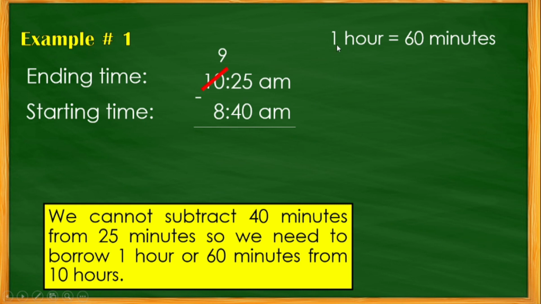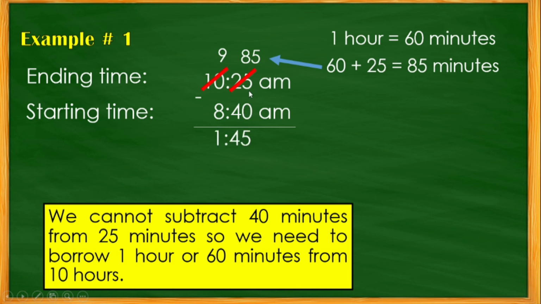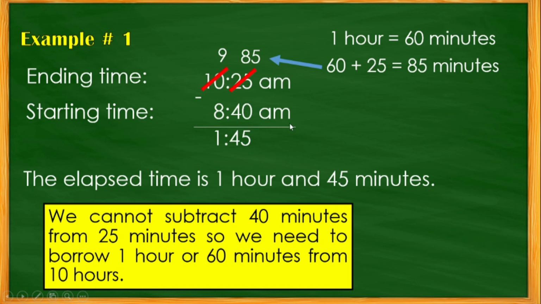For conversion, 1 hour is equivalent to 60 minutes. So 25 becomes 60 plus 25, which is equivalent to 85 minutes. So now we have 9 hours and 85 minutes. We can now subtract 85 minus 40. The answer is 45, and 9 minus 8 is 1. So the final answer is 1 hour and 45 minutes.